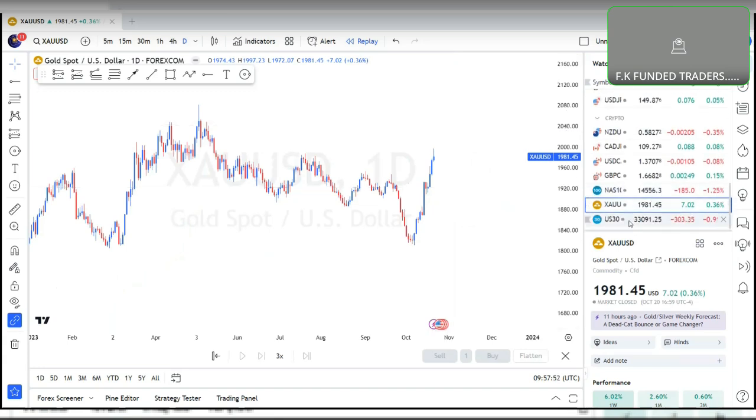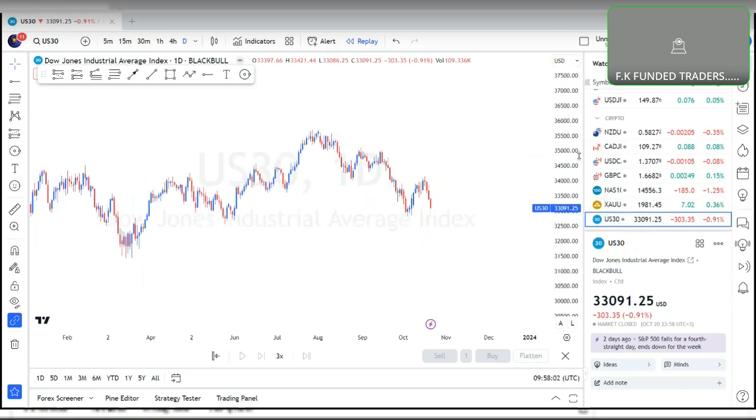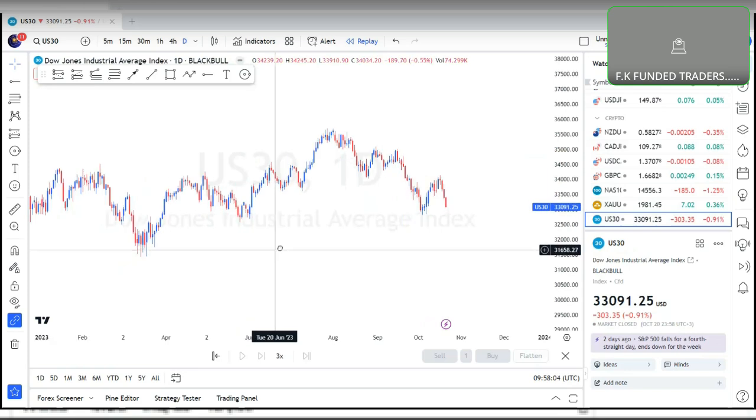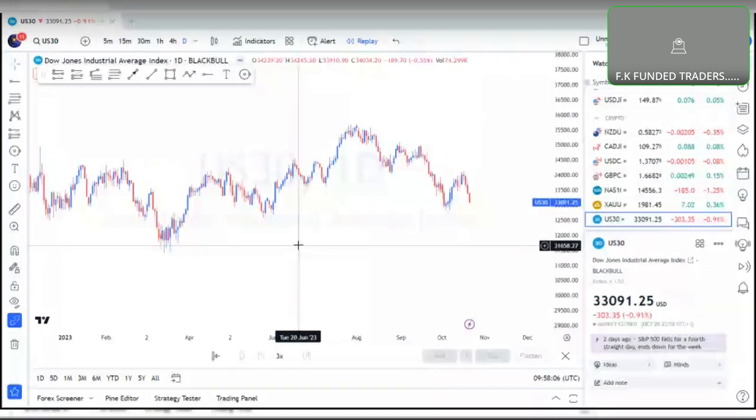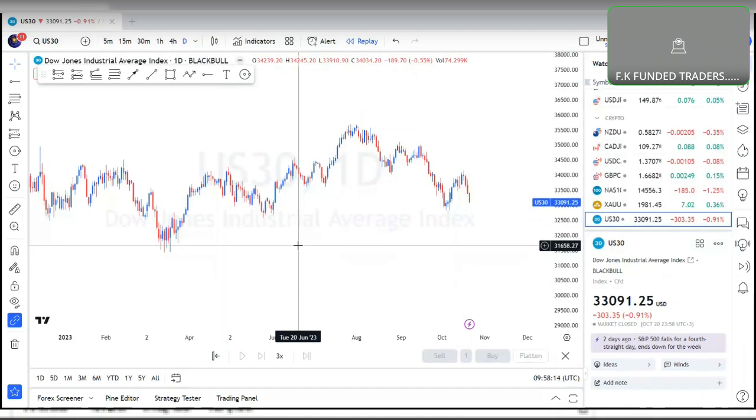However, it might give you some sales and you might think the market has reversed. Unfortunately, that is wrong. So now I'm on US 30. US 30 is a pair that normally moves like EUR/USD, however it is somehow slow, but slow and sure.